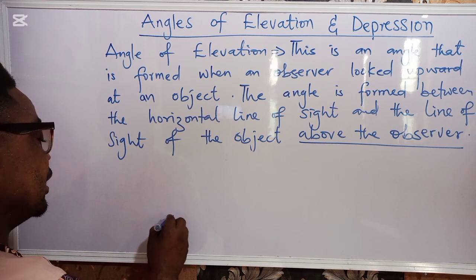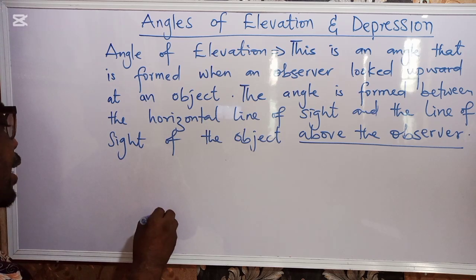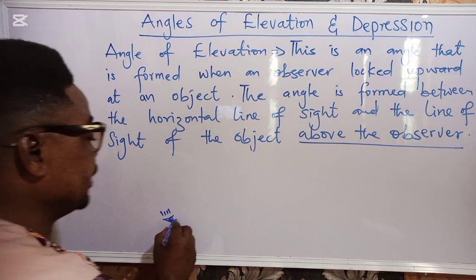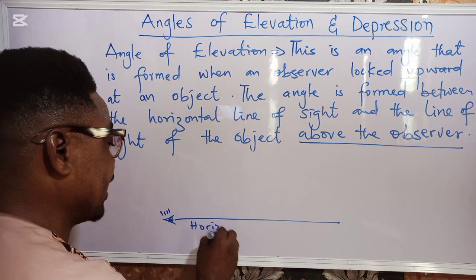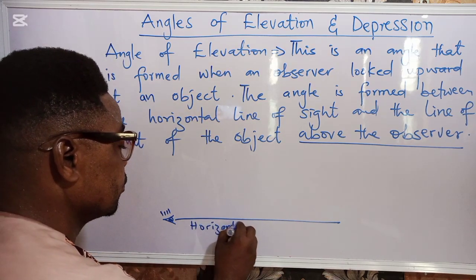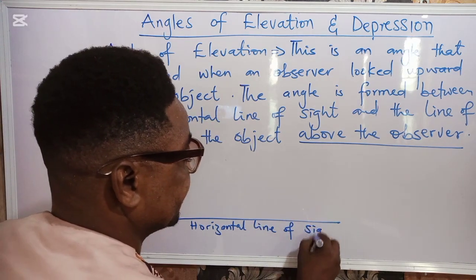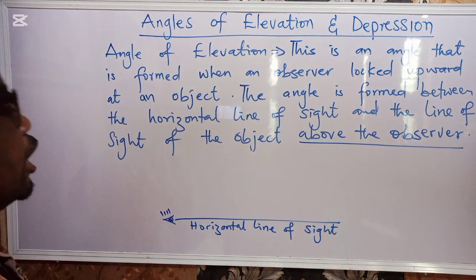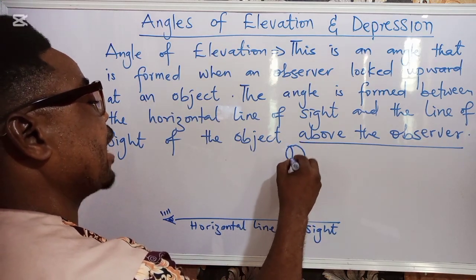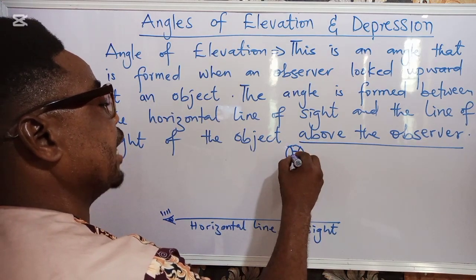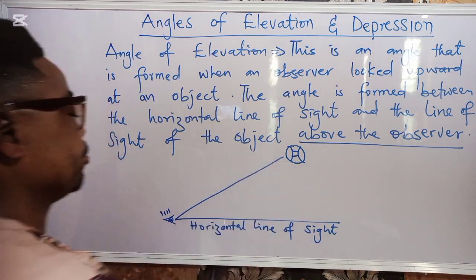Because we are interested in the eyes of the man, you will see me, I will always draw the eye like this, and it is meant to look straight like this, and that is the horizontal line of sight. But he looked at the ball that had been kicked by a boy flying towards the net. He looked at the ball this way.